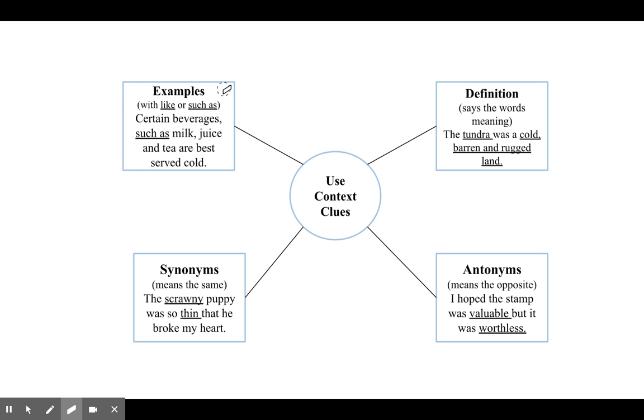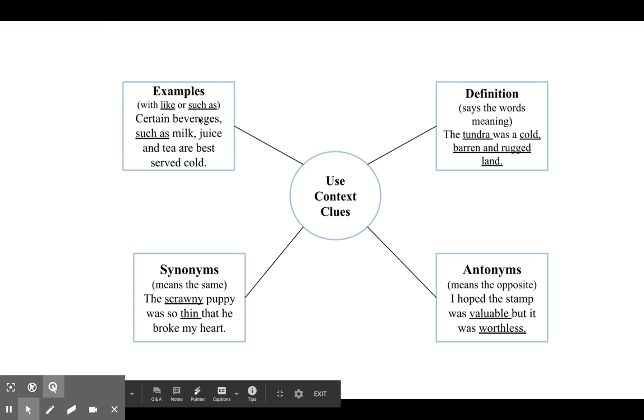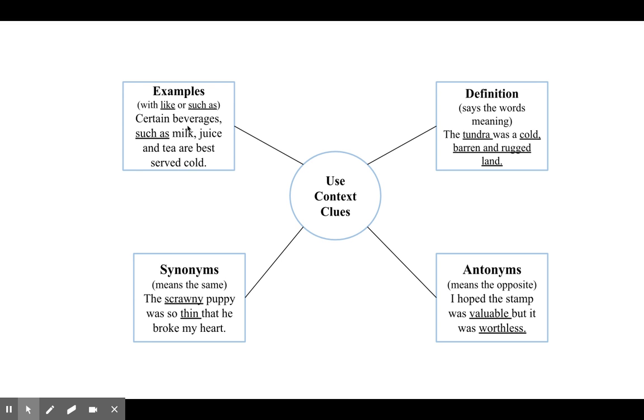So for examples, let's look at an example of an example, with like or such as. Certain beverages, such as milk, juice, and tea, are best served cold. If you didn't know what the word beverage meant, by looking at the examples they give, milk, juice, tea, you can use context clues to decide that beverages means drinks.